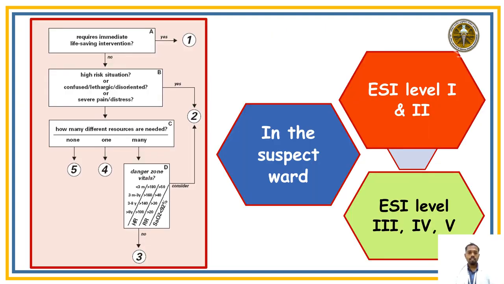Next is the re-triaging part. In this you can see a detailed explanation of how triaging happens. In column A, the question is whether immediate life-saving intervention is required. This is considered the first priority, and if it is not, then you move on to ESI level 2. That is a high-risk situation, where airway, breathing and circulation may be compromised.